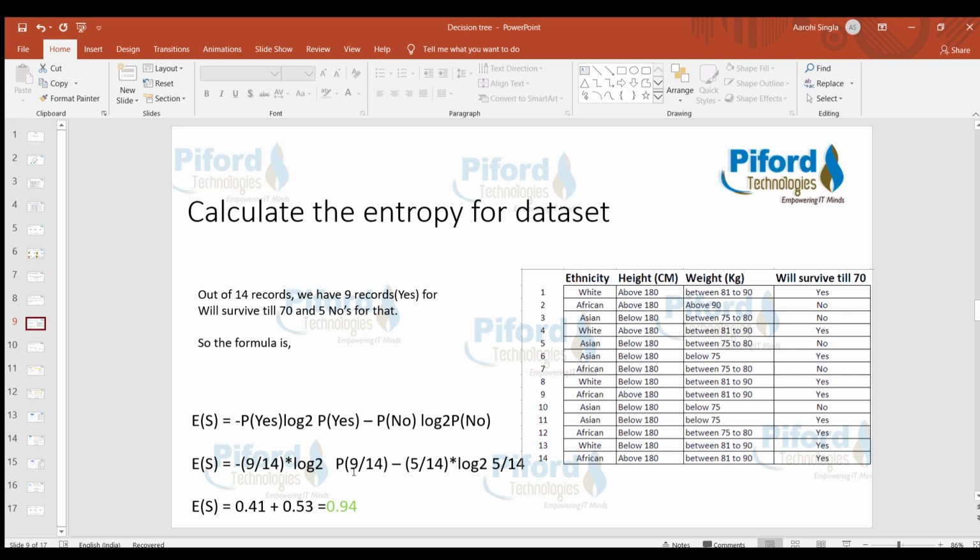Log 2 probability of yes, again 9 by 14. Now probability of no: we have 5 no's out of 14. So instead of writing probability of no, I'm writing 5 by 14 times log 2 of 5 by 14. And when you solve this, you'll get the value 0.94. This is the entropy, the impurity in this particular column, will survive till 70.